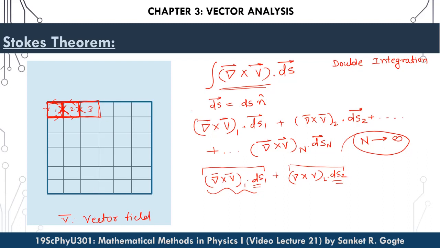And now if you consider this sum over all these n number of dot products, then all the terms which are line integration over lines which are shared by the area elements will get cancelled, and in the end you will get this larger line integration, this finite line integration over a loop which is enclosing that finite area, and this del cross v dot ds, this surface integration, will become the line integration over the closed loop, which is v dot dl.